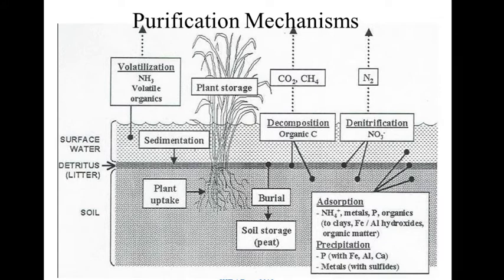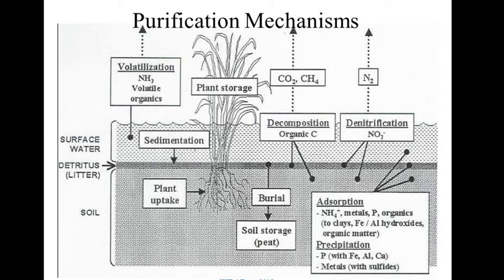Then volatilization, that is ammonia and volatile organics. Then decomposition, which converts organic material into CO2 and CH4. Denitrification is the conversion of nitrate into nitrogen. And adsorption, precipitation, burial and soil storage. So these are the various processes which occur in the constructed wetland.